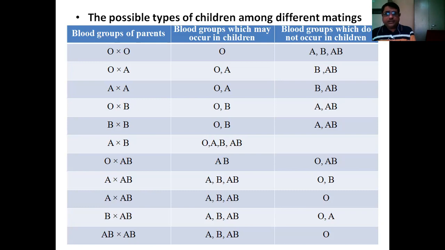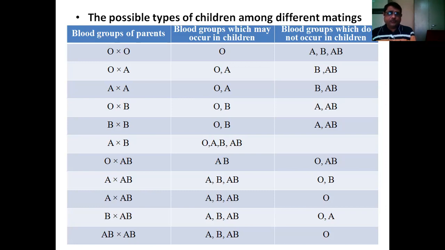Here you can see in the first column the blood groups of the parents are given, in the second column the blood groups which may occur in the children are given, and in the third column the blood groups which do not occur in the children are given. That means if the father and mother both have O blood group, definitely the children will have O blood group only.